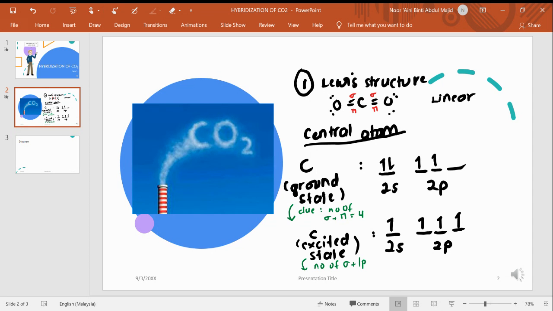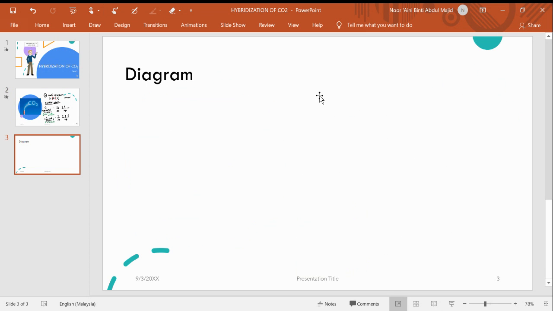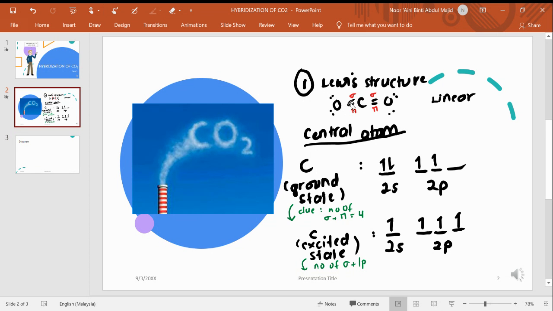How many sigmas? 2 sigmas. And do we have any lone pair around carbon? No. Therefore, 2 plus 0 is just 2.